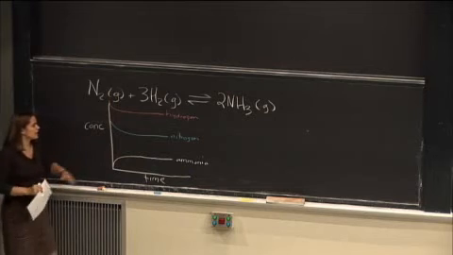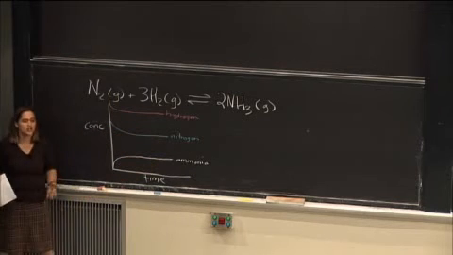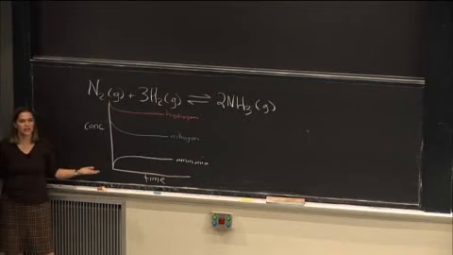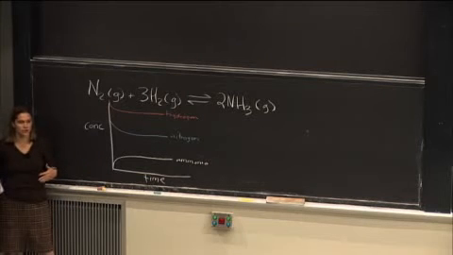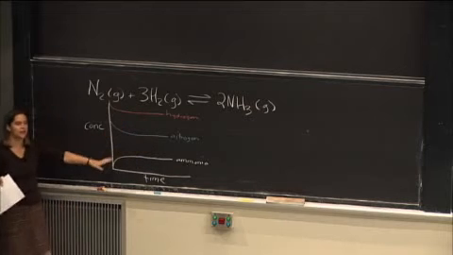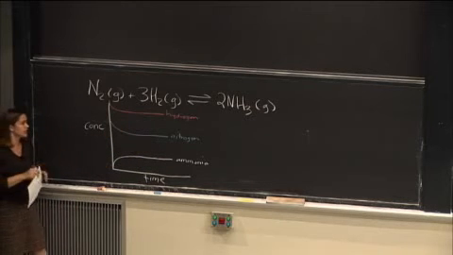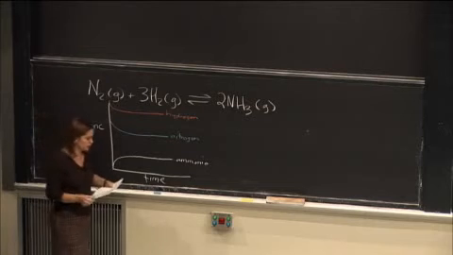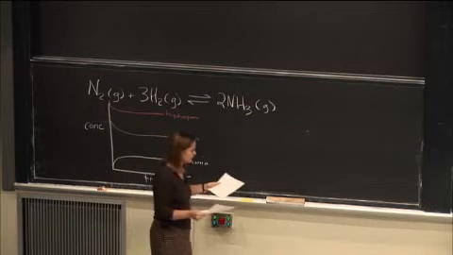So when these curves level off, you're reaching equilibrium. The reaction is still happening, but the rate of the forward reaction is equal to the rate of the reverse reaction, so there's no net change. So the concentrations are staying the same, but the reaction is still going.